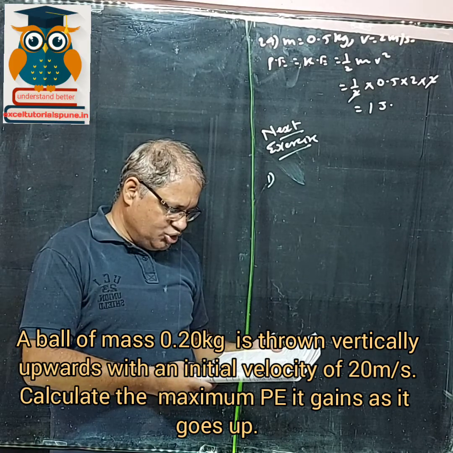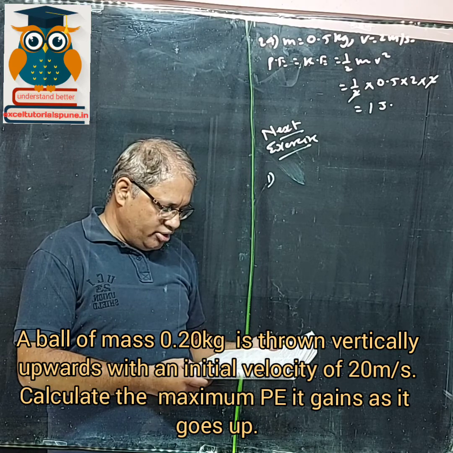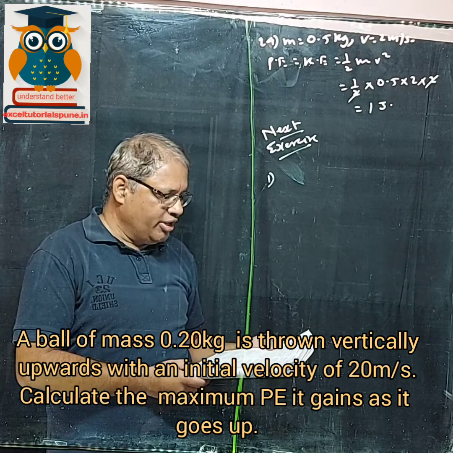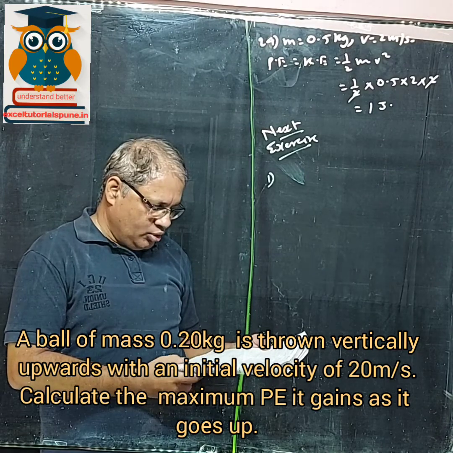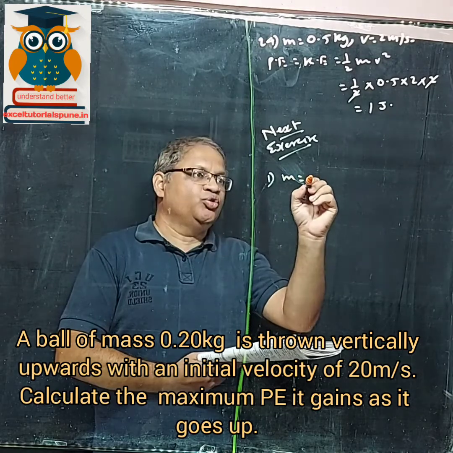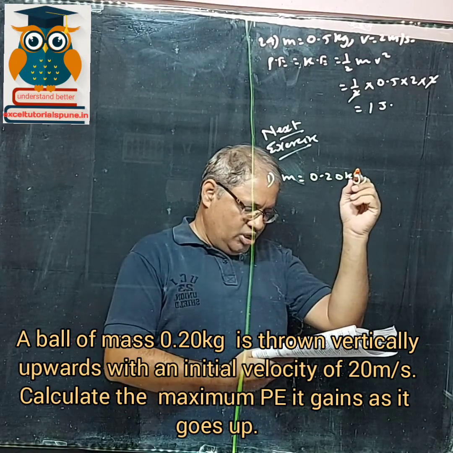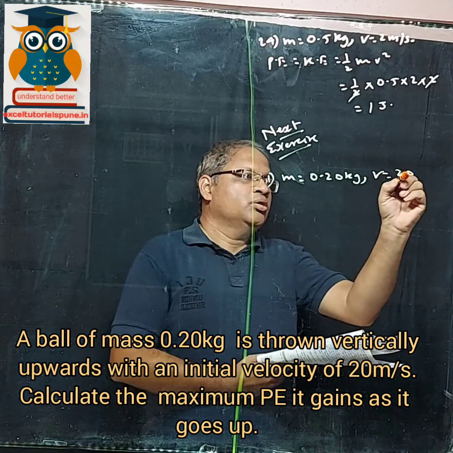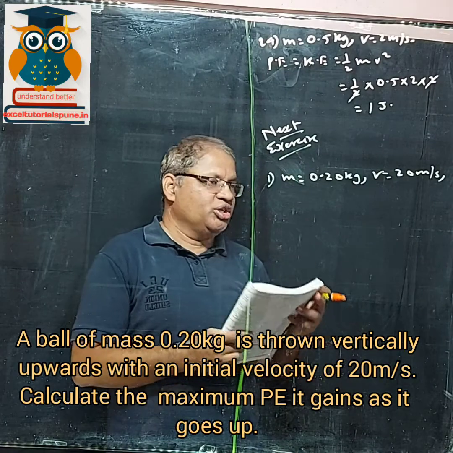A ball of mass 0.20 kg is thrown vertically upwards with the initial velocity of 20 meter per second. Calculate the maximum potential energy it gains as it moves up. Okay, so write the particulars down. Mass is 0.20 kg. Initial velocity 20 meter per second. Calculate the potential energy.